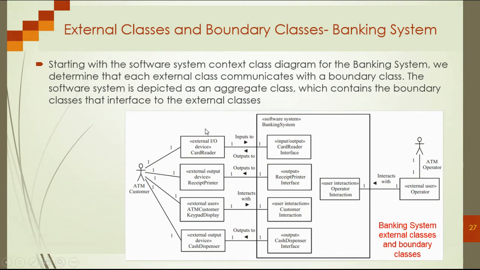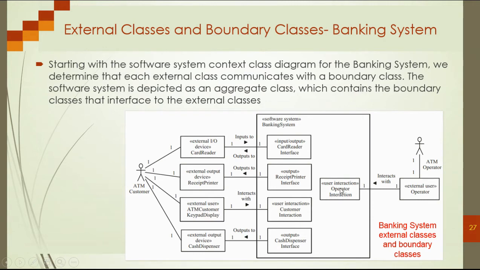So in this system we have three input-output devices, and each of these three is connected with an object inside the system. We have two external users, or we can say one external user and one also external user, but it's a standard display.